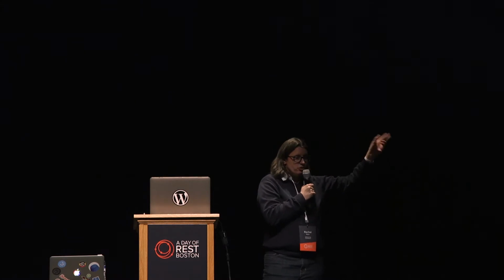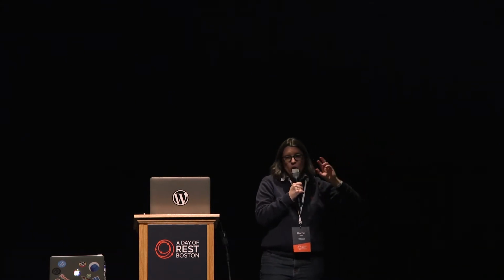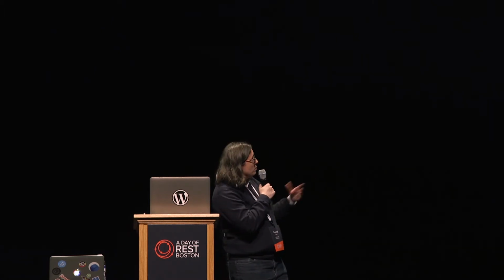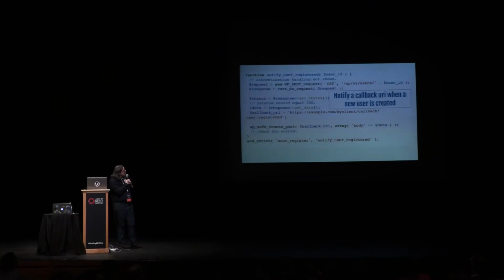And I have it essentially, without making an external call, return to me what the REST API would return if you were to hit that endpoint. So I'm then going to check and make sure that my request was successful. If I get a 200 in the status, then yes.